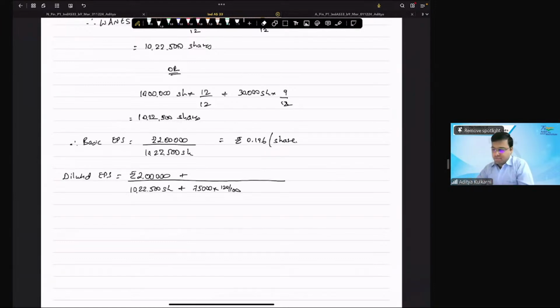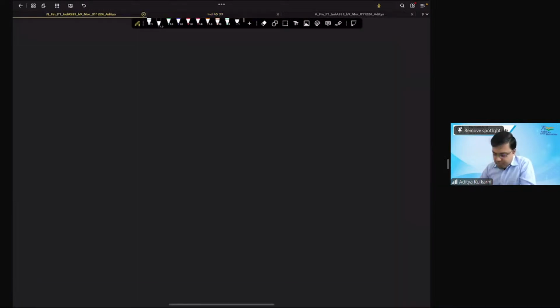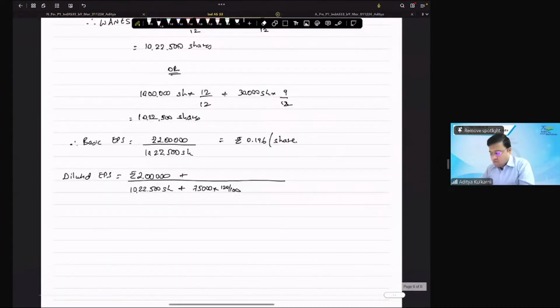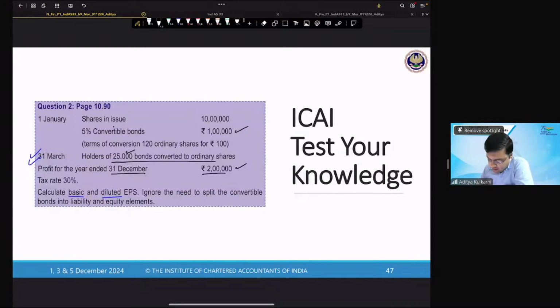सर ये क्यों किया? Diluted, na? Out of 1 lakh worth of bonds, 25,000 worth are already converted. So remaining 75,000 अभी भी है ना conversion के लिए. तो इसके लिए हमने add किया because that will be converted in the future. And when those bonds are converted, I will save on the interest.